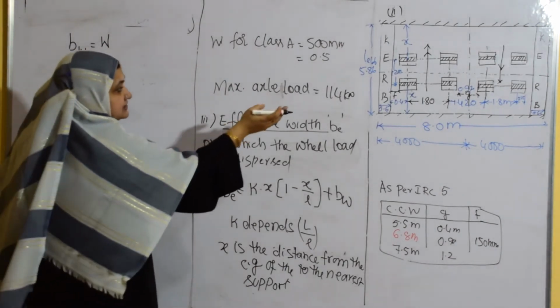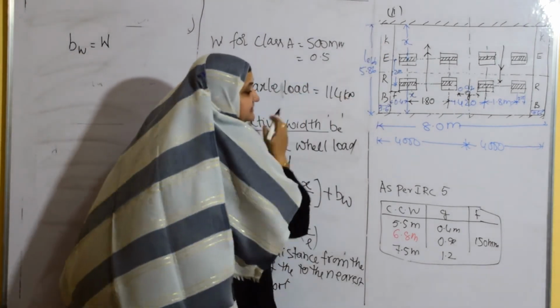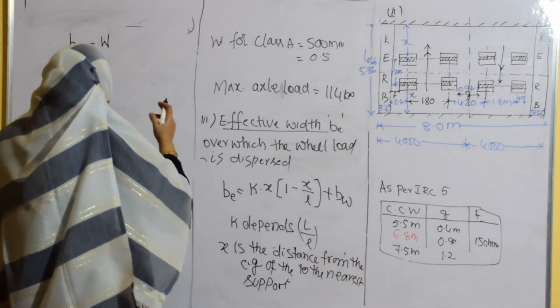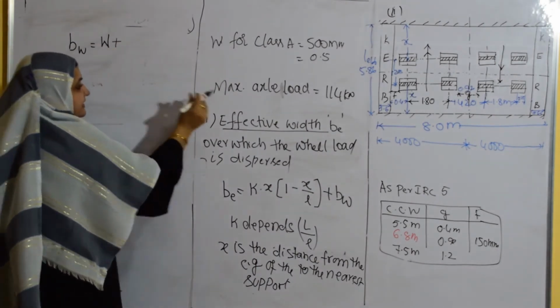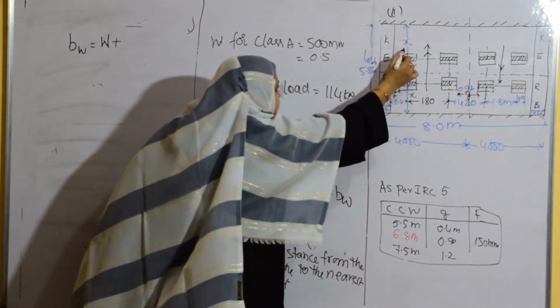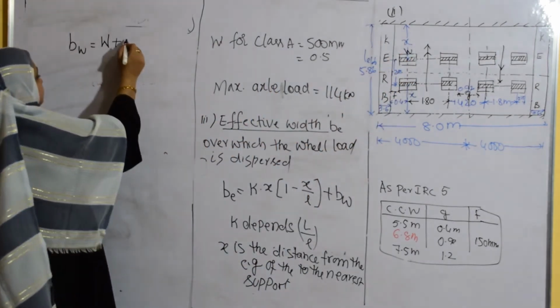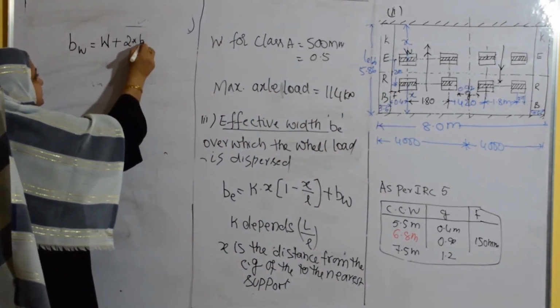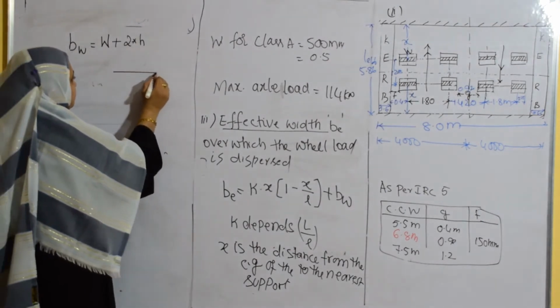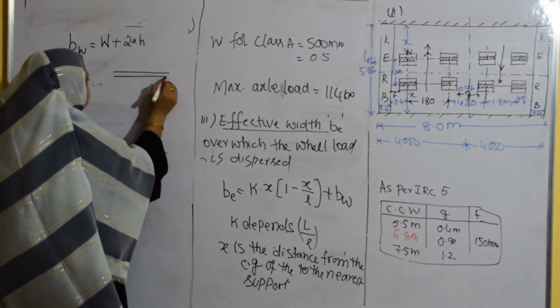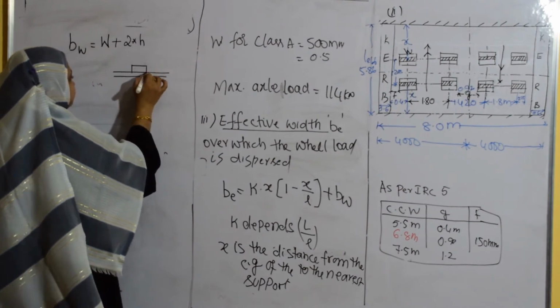Across the span it is something else. In the direction of motion, BW is equal to W, the width of the tire, plus 2 into H. What is H? The thickness of the wearing coat. I will show you. This is the wearing coat, on which the load is there.